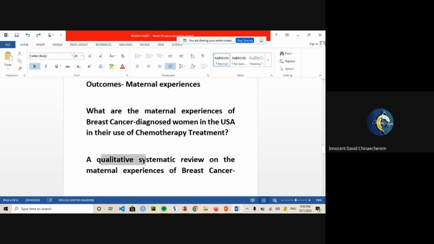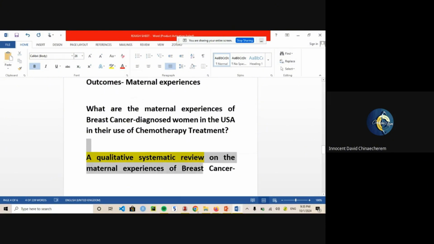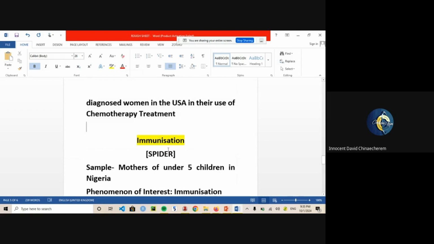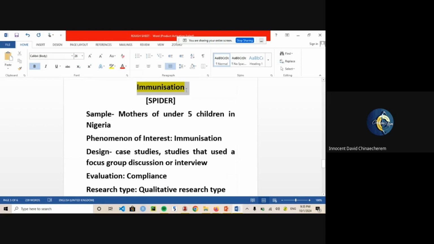So we also said the same thing. You can prefix your title, or you can suffix it. That's your research title.